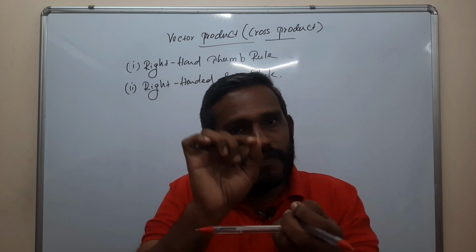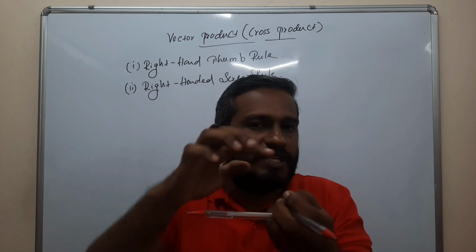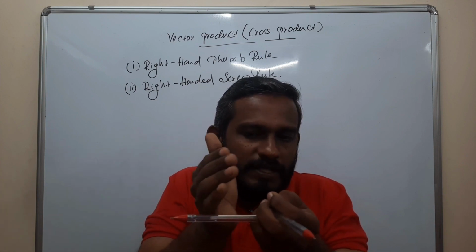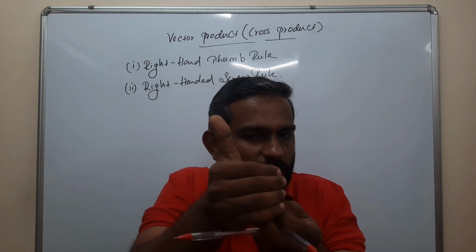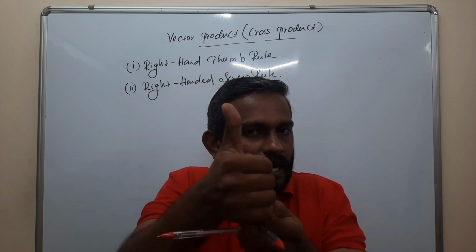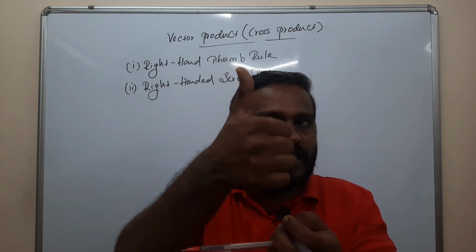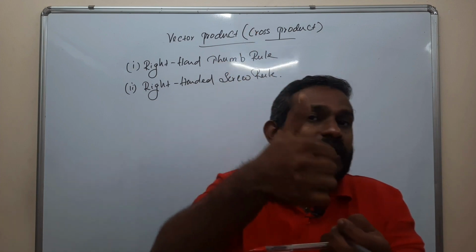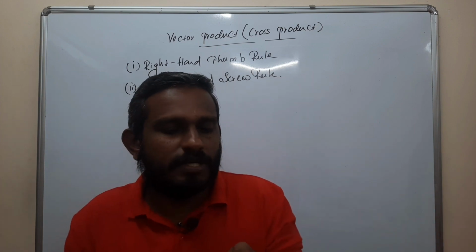Suppose we are finding A vector cross B vector, then curl your fingers from A vector to B vector. Now the direction of the thumb is upwards. In this direction the normal, that is the unit vector, will lie.